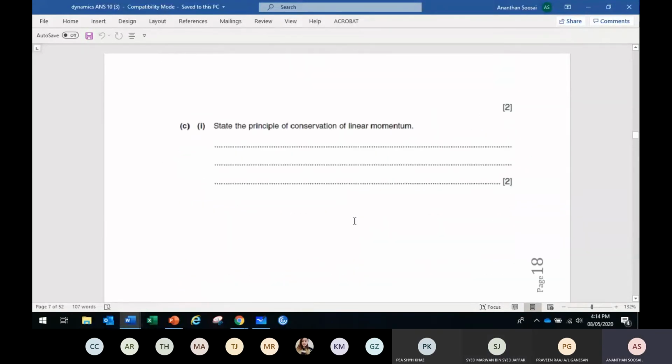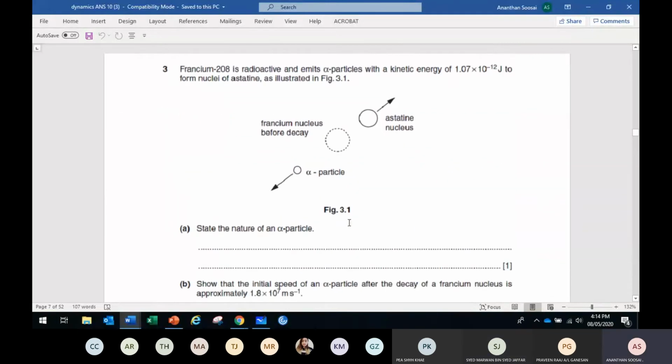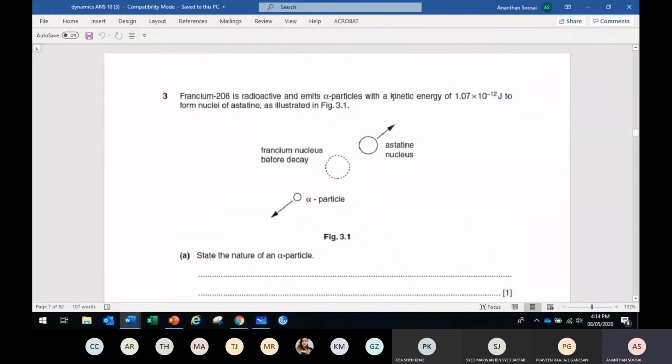Okay, one structured question. This question is very interesting because this is related to radioactivity, which you never learned. You're going to learn that in the last topic of your AS. What I want you to do is the last part. Read the question.